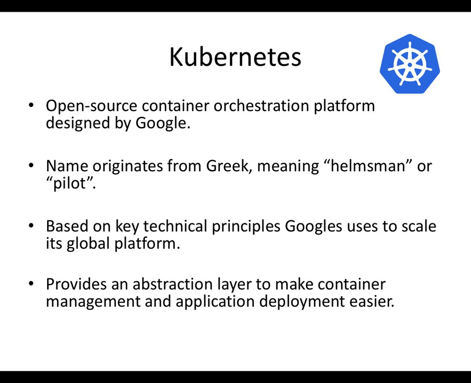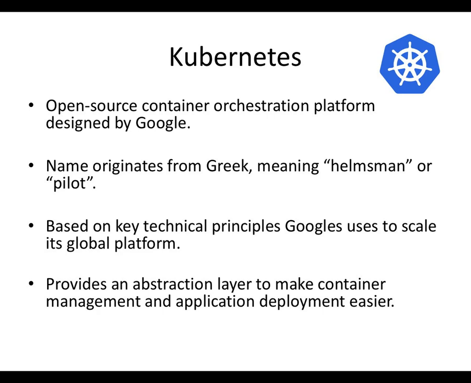The name Kubernetes is actually a Greek name. I didn't know what it meant until I actually created the slide this last week. But apparently it's a Greek name, and it means helmsman or pilot. So it's, again, this idea of orchestrating.